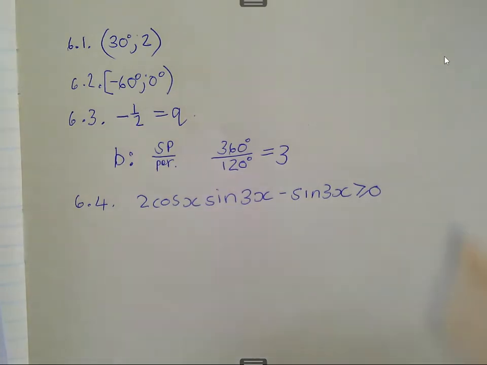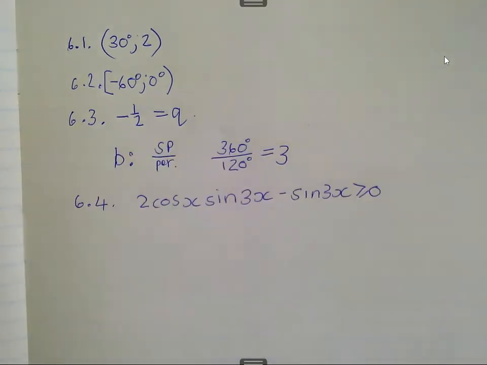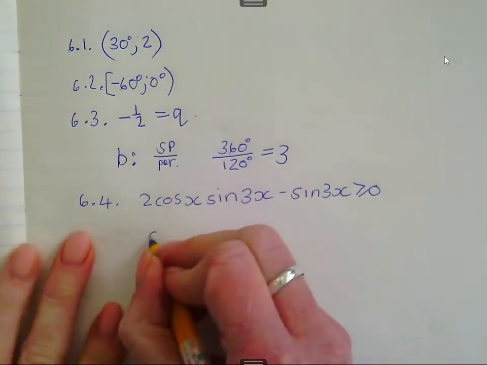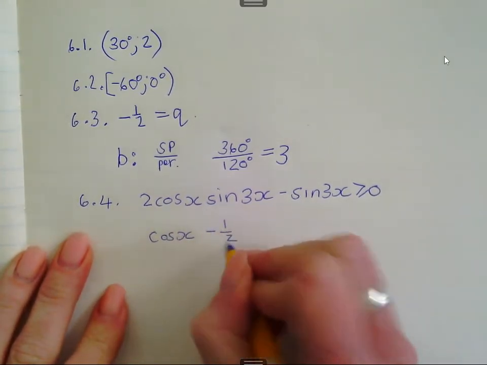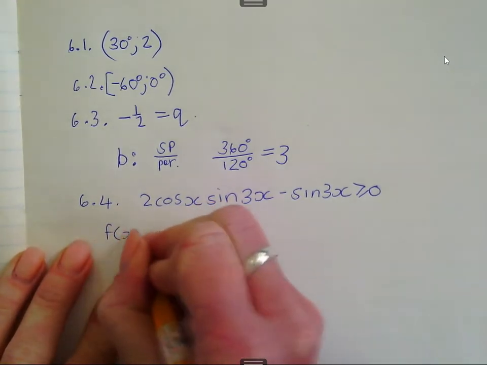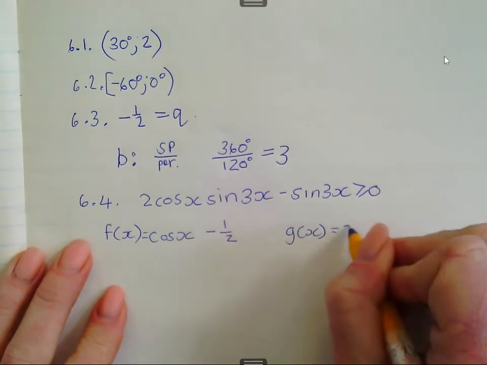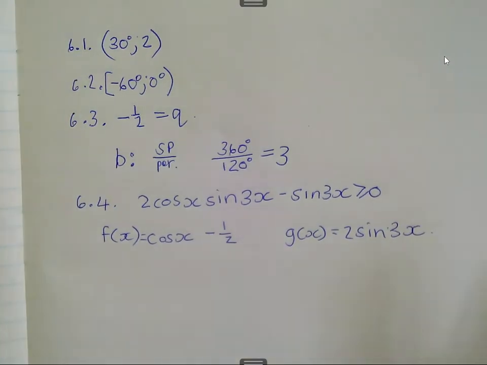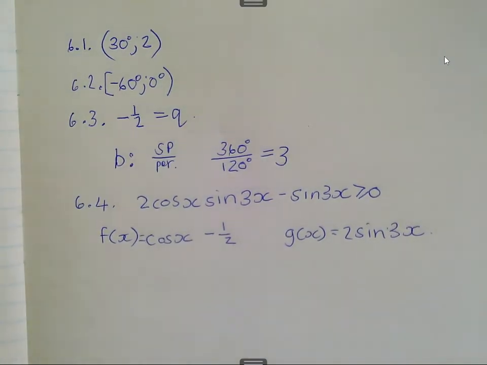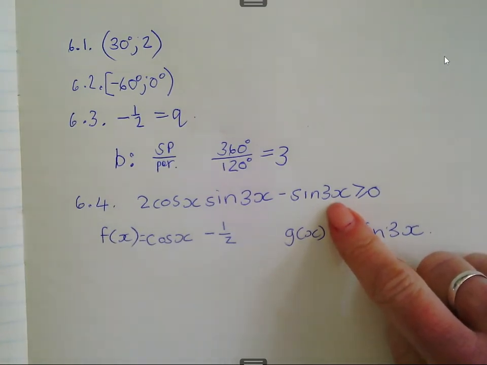You remember the graph that you have here is cos x minus a half, this is f of x, and you have g of x equal to 2 sin 3x. So even though it says sin 3x there, it's not the graph that you have. Do you understand?